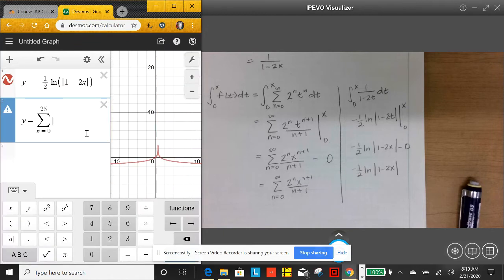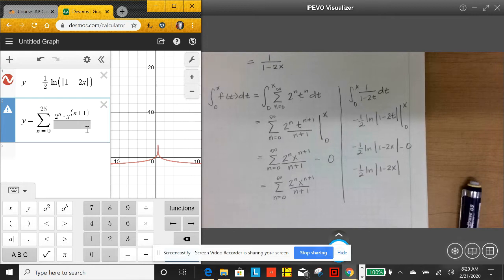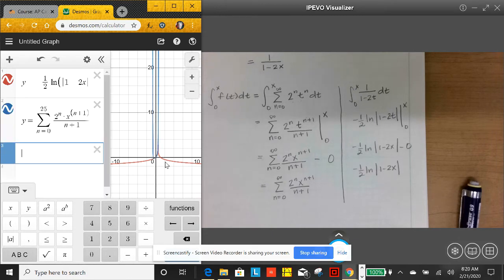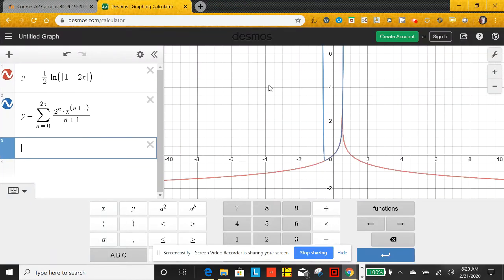We said our sum was, I'm going to do a fraction bar here, 2 to the n times x to the, I put parentheses here, n plus 1 divided by n plus 1. And I'm going to open this up so we can see it better.